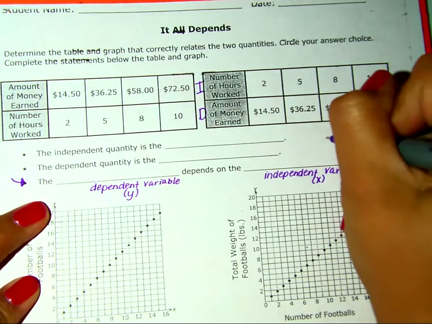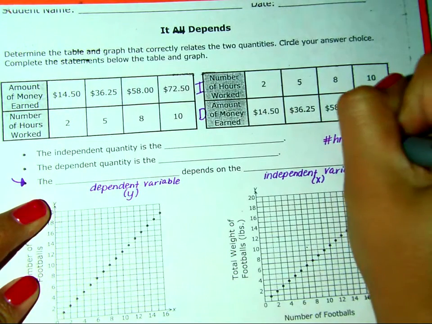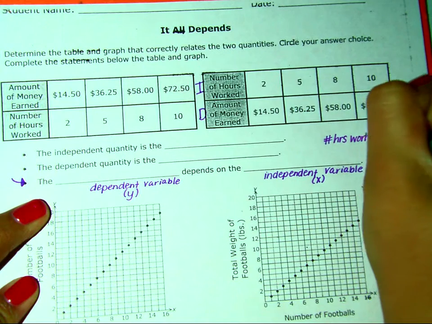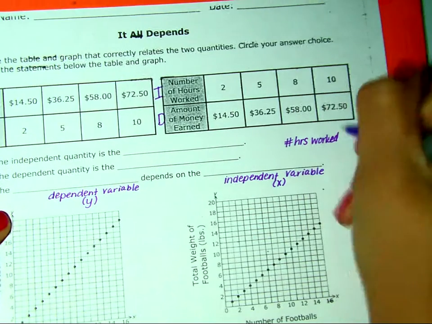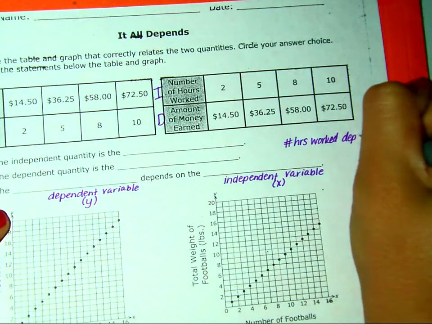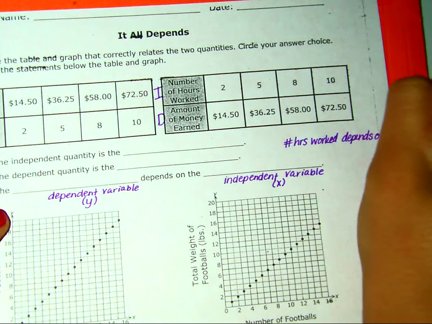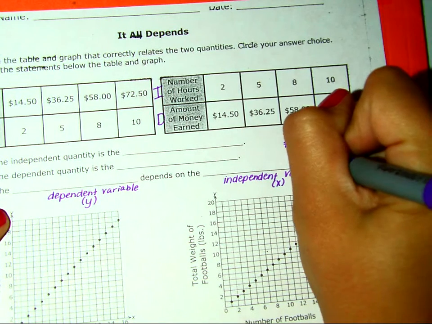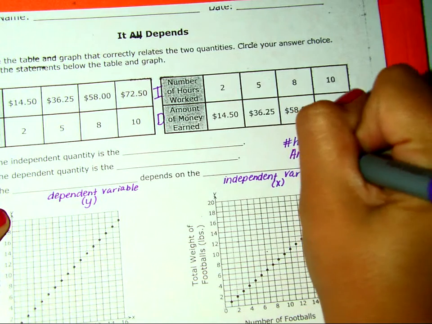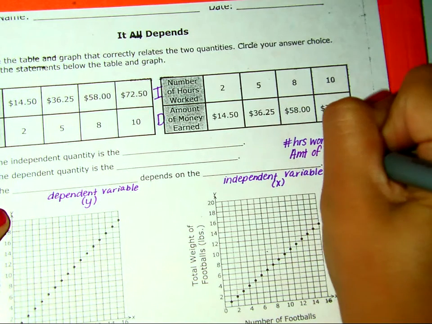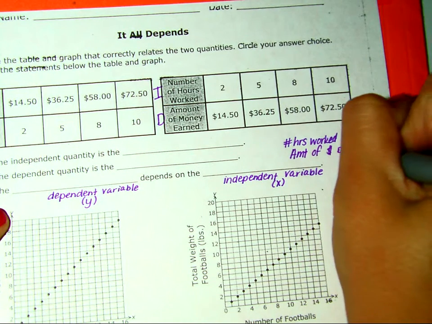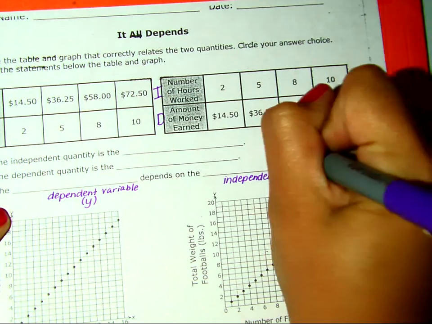So the number of hours worked depends on the amount of money earned. So that's one statement we're looking at.